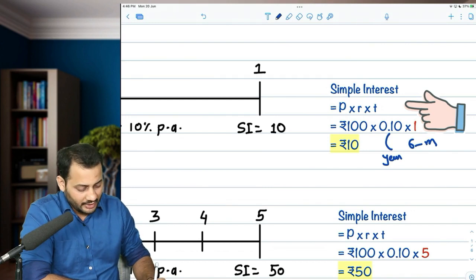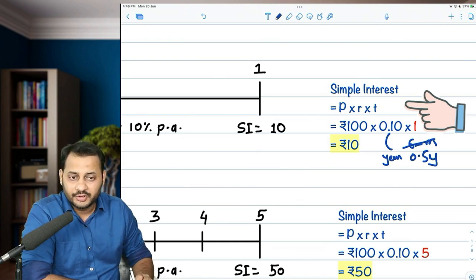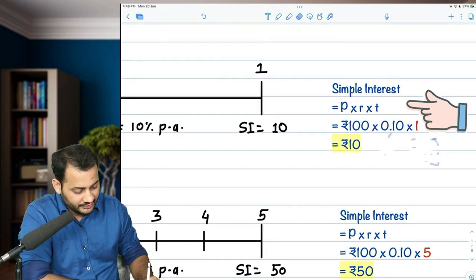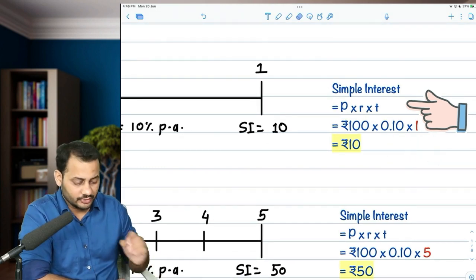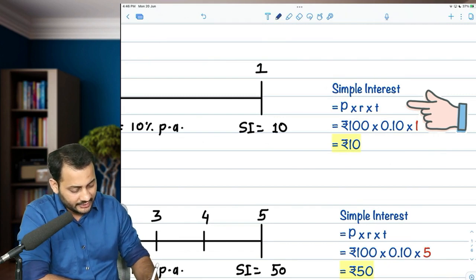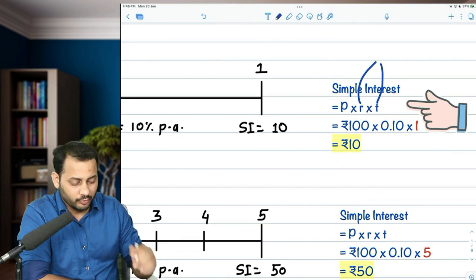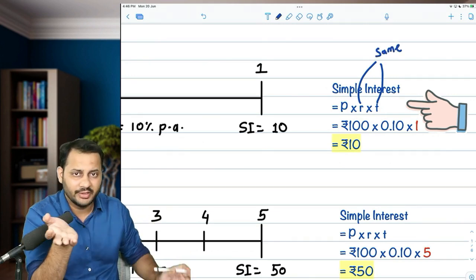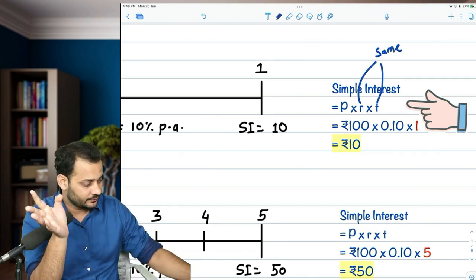What I have to write, instead of 6 months, I will have to write 0.5 year. It should be in years. If the rate of interest is in year, the time should also be in year. So all in all, what you need to understand here is that the base of both the rate of interest and the time should be the same. Either both should be in months, or both should be in years. Are you clear with this?